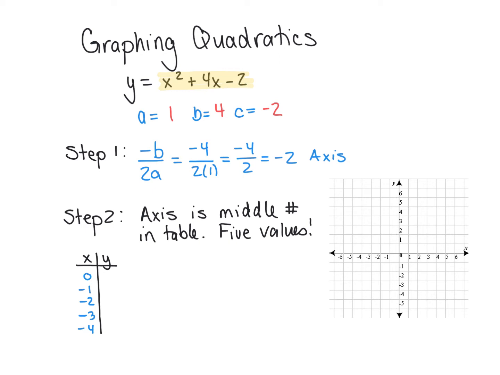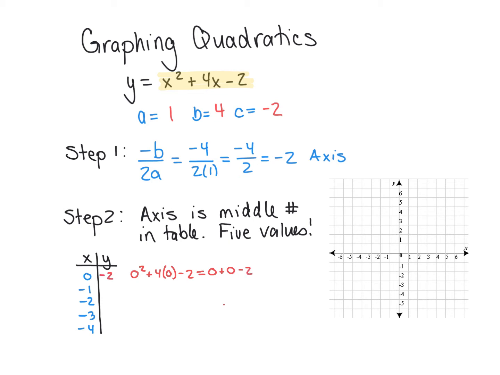So if I plug in 0, I'm going to have 0 squared plus 4 times 0 minus 2. So 0 squared is 0. 4 times 0 is 0, and then I get -2, so I get -2 as my answer.